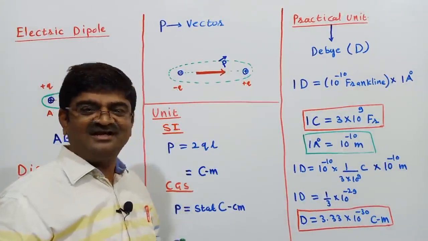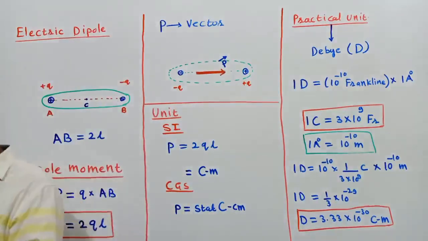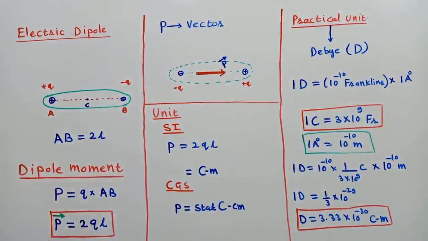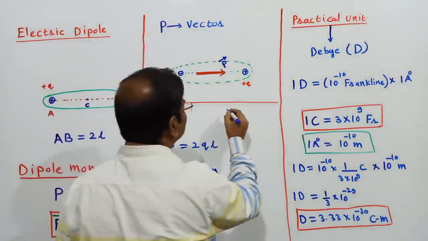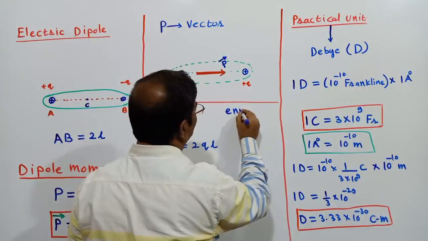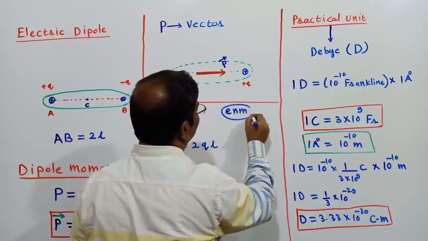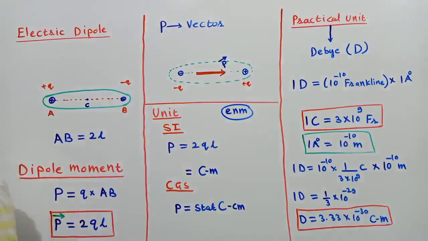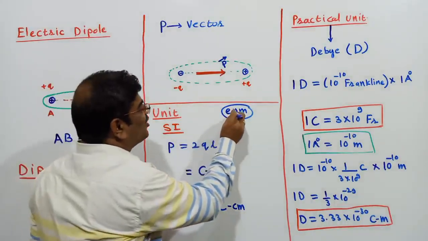Apart from this, even in some of the books, you find one more practical unit used for dipole moment, and it is the electron nanometer.